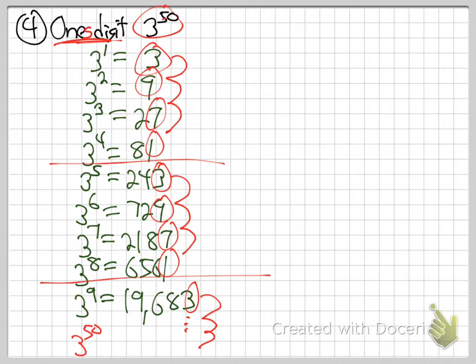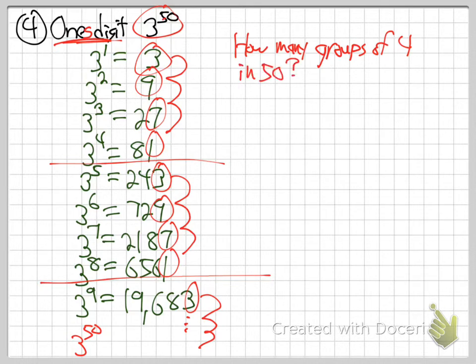So basically we're asking how many whole groups of 4 are in 50, right? Because we're going out to 3 to the 50th.